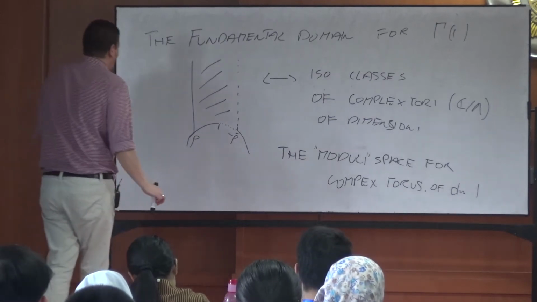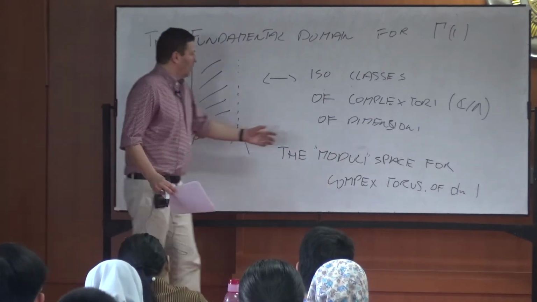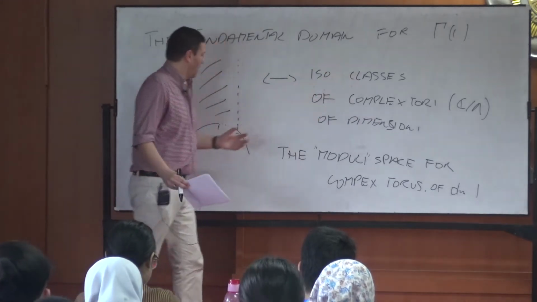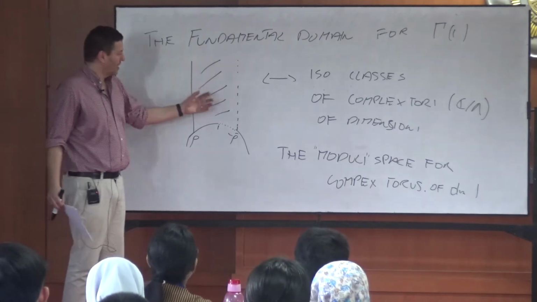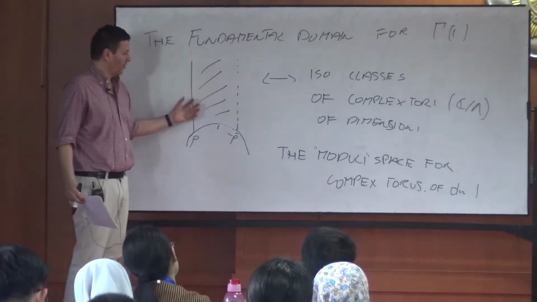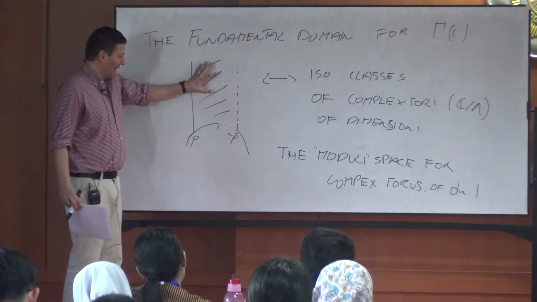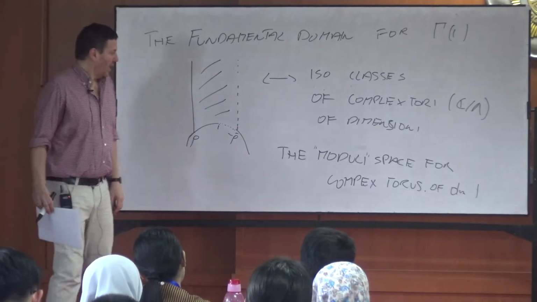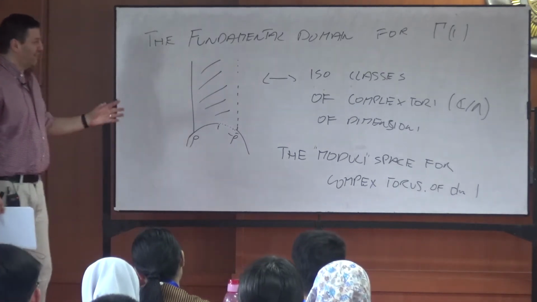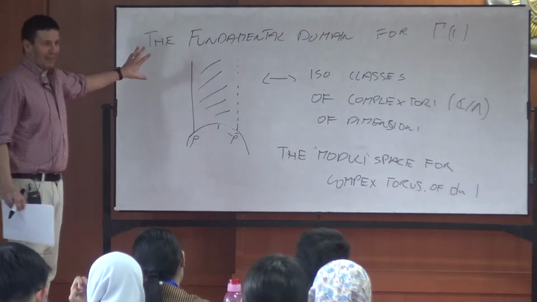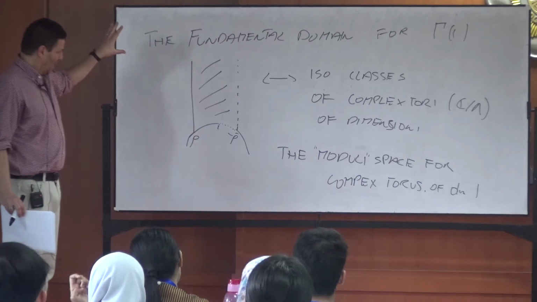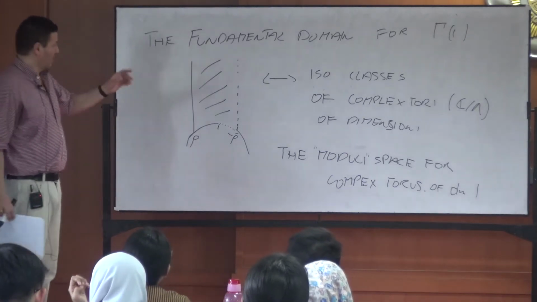Okay, so as such, we would like to have on this set actually a bit more structure. A structure of a topological space, maybe a structure of a Riemann surface. And that can be done. If I have time, after I finish everything that I really want to do today, I will also explain how you can put the topological and actually what is called a Riemann surface structure.